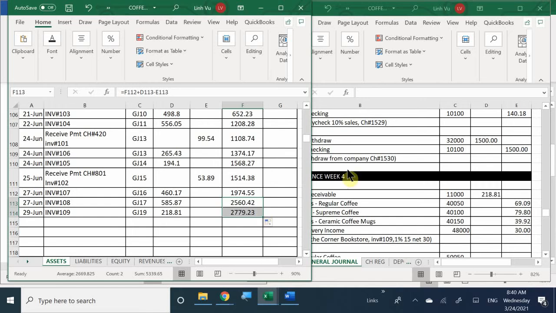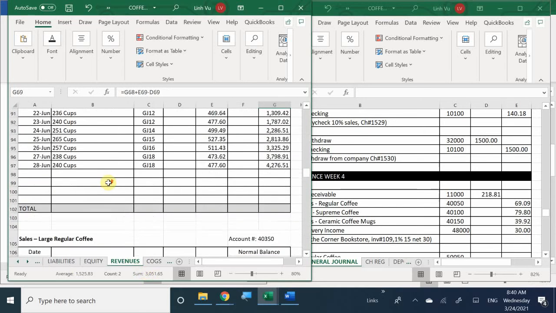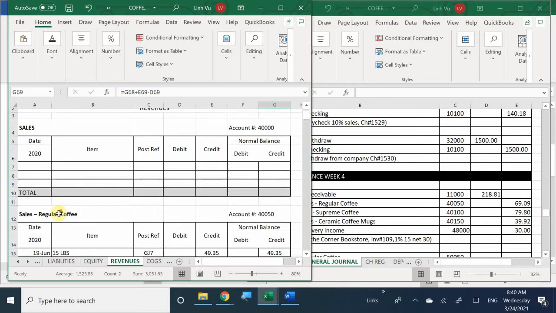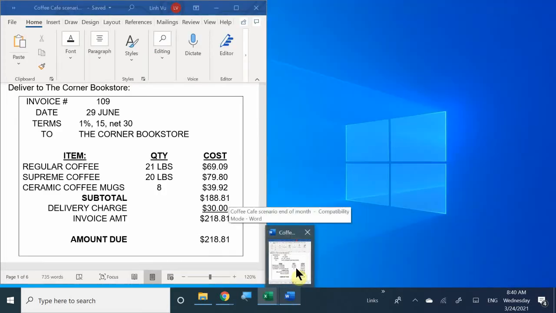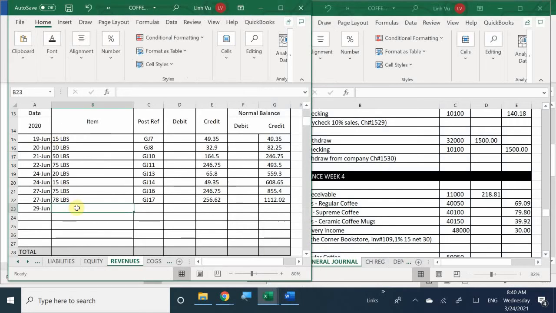All right, next is our sales. So go to revenues, right? We're going to go all the way to the top. Sales is going to be for the regular coffee. How many pounds did we sell? 21. We sold 21 pounds of the regular coffee.